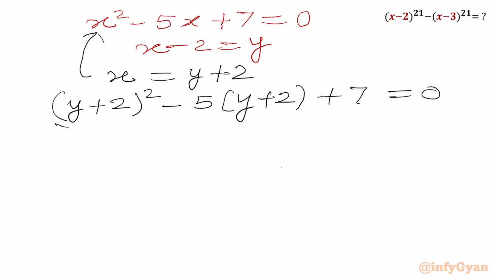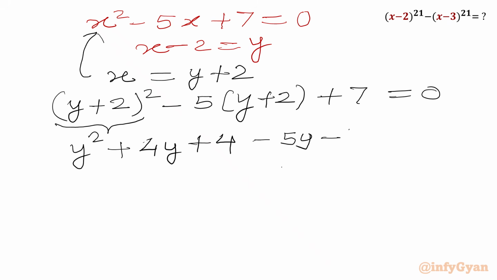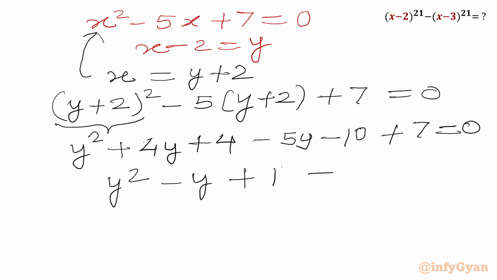Now we will expand (y plus 2) whole square. We will get y square plus 4y plus 4 minus 5y minus 10 plus 7 equal to 0. Or we can write y square, 4y minus 5y is minus y, 4 plus 7 is 11, minus 10 is plus 1, equal to 0.